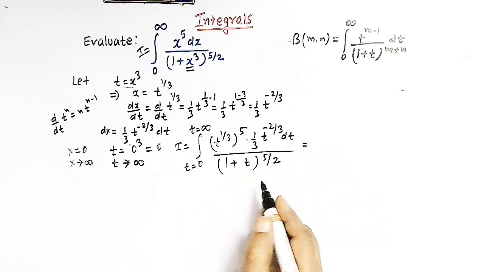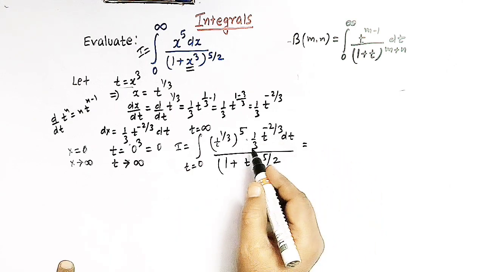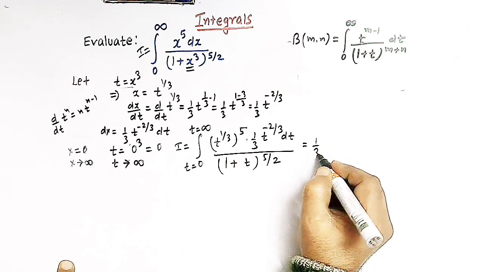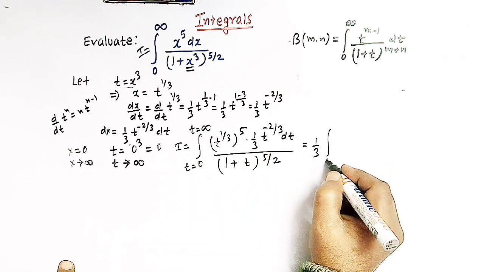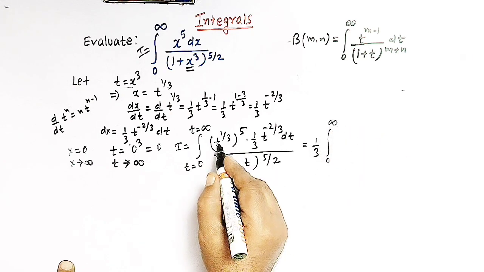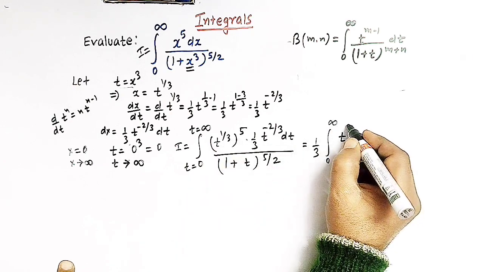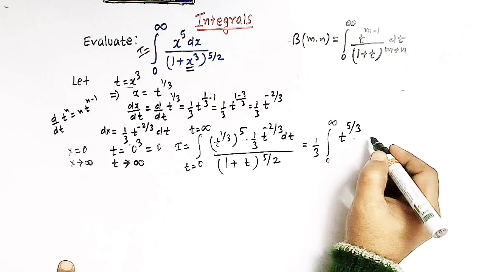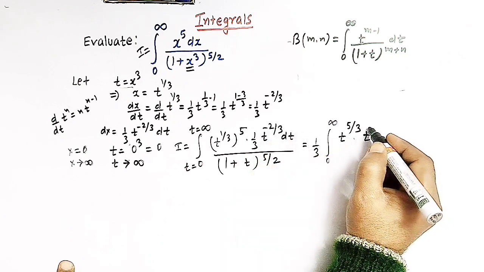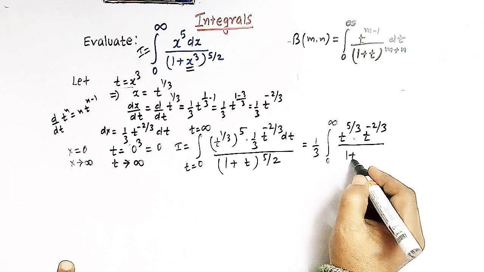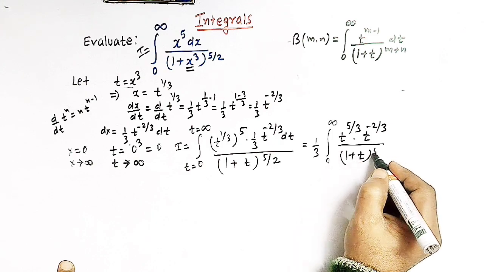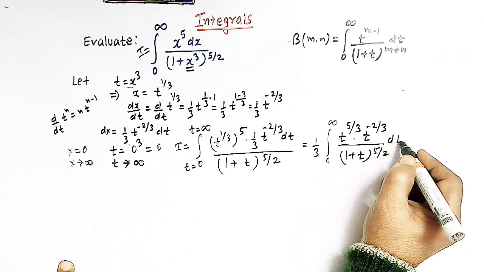So now let us arrange the terms here, and we can simplify. So we can take 1 over 3 outside the integral. We have 0 to infinity. Then here we have t raised to 5 over 3, and here we have t raised to minus 2 over 3, and here we have 1 plus t raised to 5 over 2 and dt.